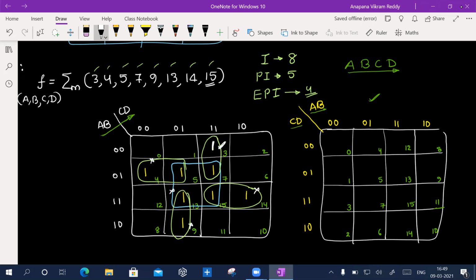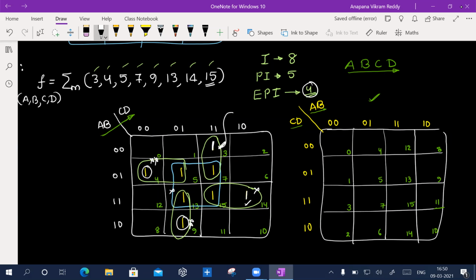Similarly, this one is not covered with this quad, this pair, this pair, or this pair. So this is the second EPI. Similarly, this one is not covered with any other PIs. Yes or no? So therefore, you have 4 EPIs.